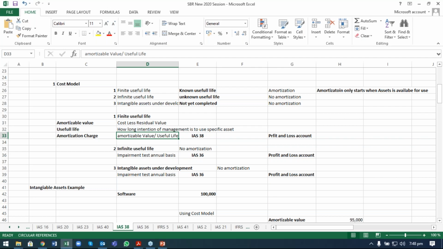So irrespective of whether an asset is no more in use, or idle, you have to charge depreciation, because depreciation is not specific to the economic use of an asset. Depreciation or amortization accounts for many other things, for example, obsolescence of an asset, or technological advancements within the economy where new advanced assets are available.